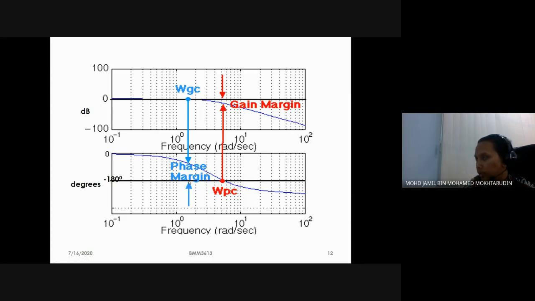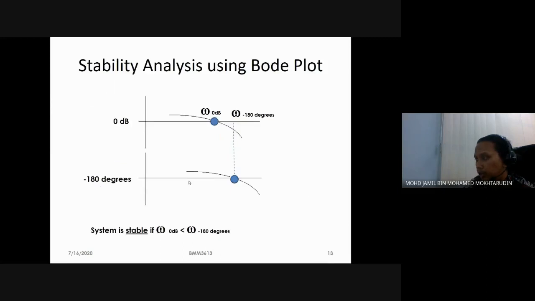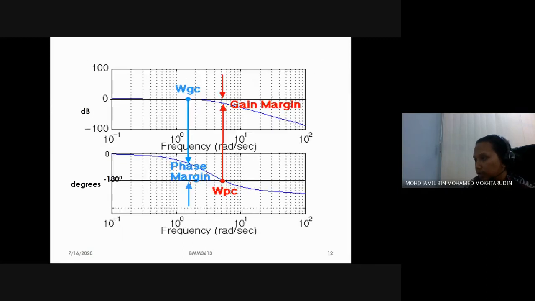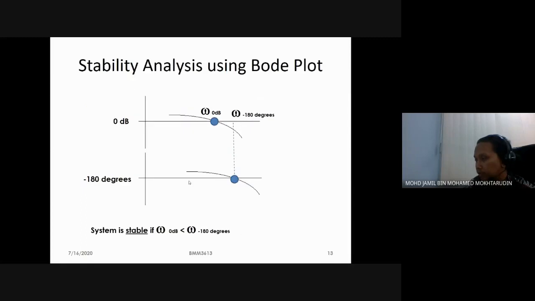Okay, so let's look at how to determine stability using phase margin and gain margin. This is the frequency at 0 decibel, so frequency at 0 decibel is phase margin frequency.